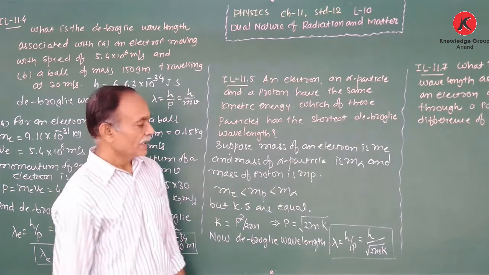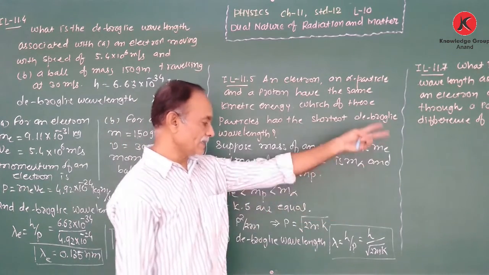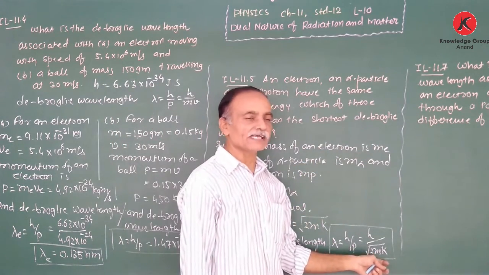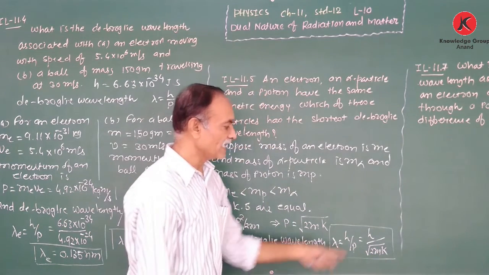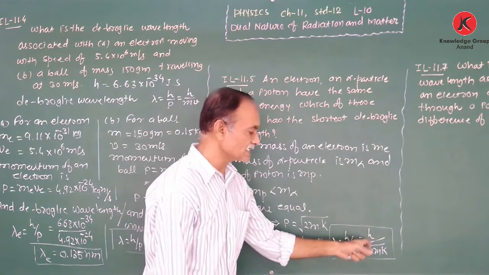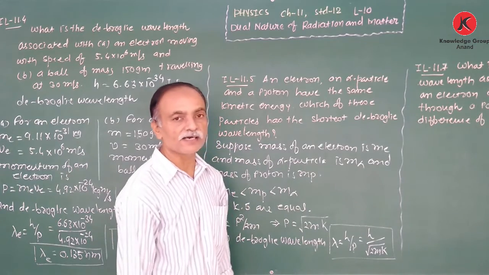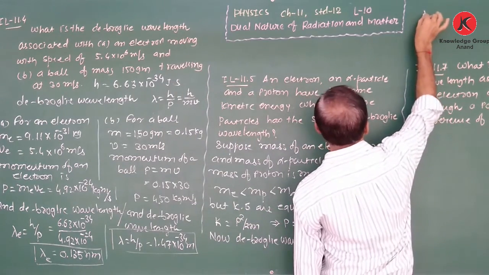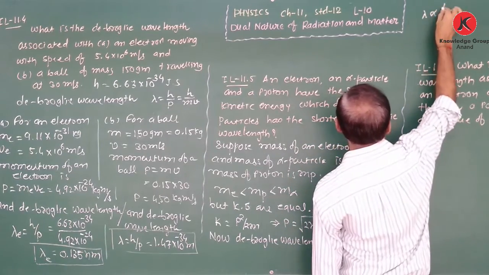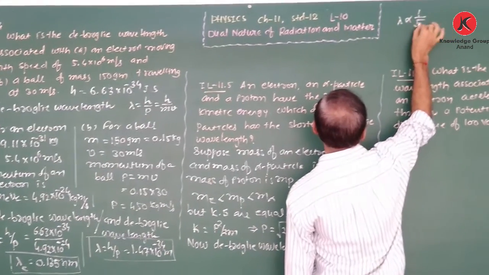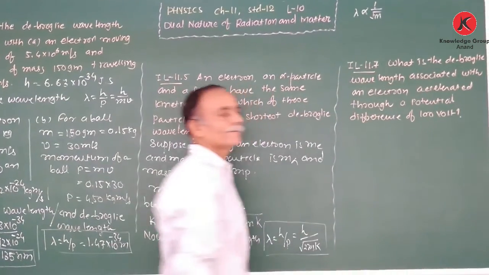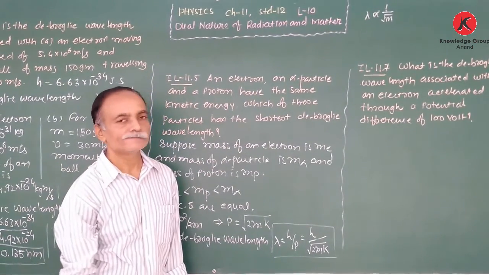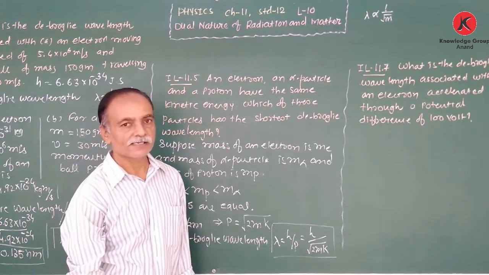2mK. Now for these given particles, the kinetic energies are equal but the masses are different, h is constant, therefore lambda is inversely proportional to the square root of m. Therefore lambda is inversely proportional to 1 upon under root of m.